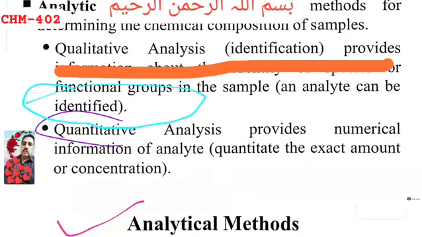Classical methods are also known as wet chemical methods, in which we determine precipitation, the amount of any solid substance, extraction, and separation of a liquid on the basis of its particular temperature or boiling point.